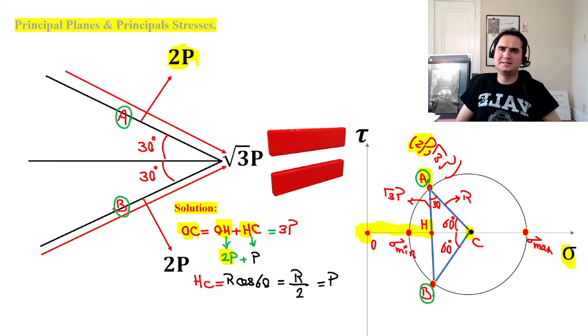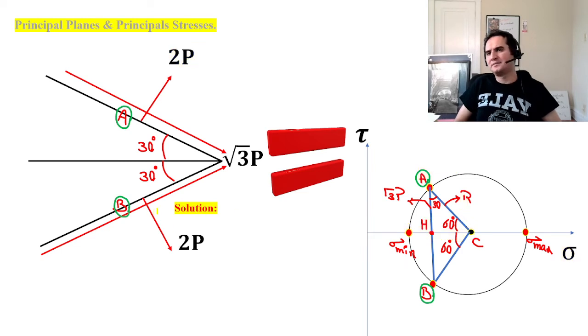And HC, which is here, is simply R cosine of 60. Cosine of 60 is a half, 1 over 2. R over 2 is equal to 2p divided by 2, which is p.